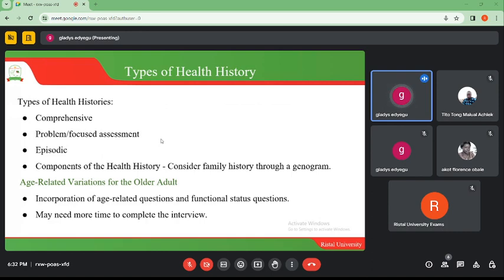Then the components of health history, which include the family history through a genogram. Genogram, I think we all understand. Genogram is more of genes. It runs in families. Genetic conditions run in families, and when we ask about family history, we are looking at those conditions which are genetically transmitted from one generation to another, like sickle cell, sometimes diabetes, hypertension, where the mother can have it, the grandmother, then now the children and so forth.